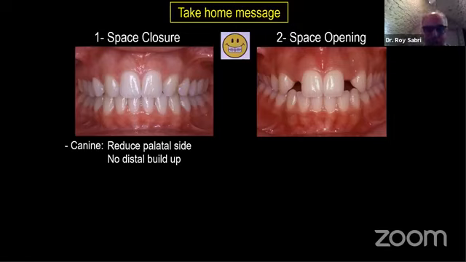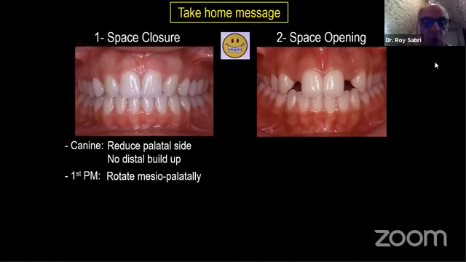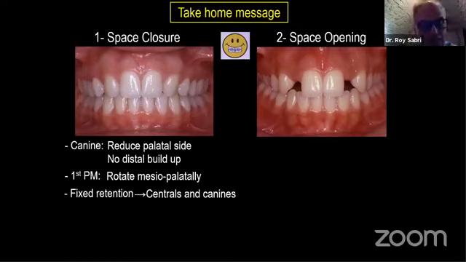If it goes out, it's going to be very unaesthetic. You build up only on the mesial so that it doesn't look huge. For the premolar, it has a flat mesial side and you don't want to show it. So rotate mesiopalatally from day one. You bond the bracket more to the distal.